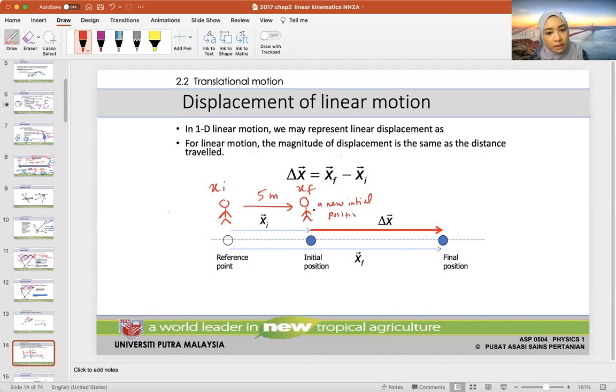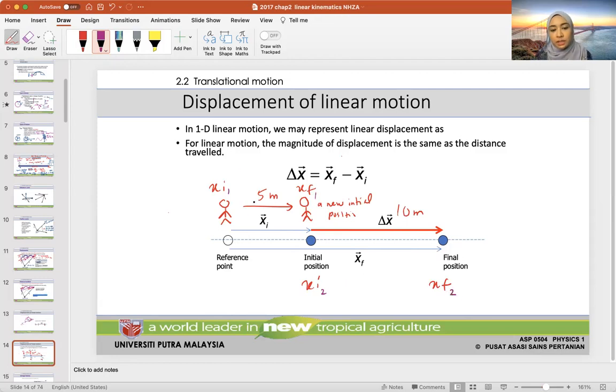Okay, she stops for a while at this point. She stops, she says she's tired. Then she says okay, let's continue, why not. So she moves again. So this is her new initial position, XI. And she moves 10 meters and this is her XF. So actually you can have several initial displacements, several final displacements. You can label this as XI1, XF1, XI2, XF2.